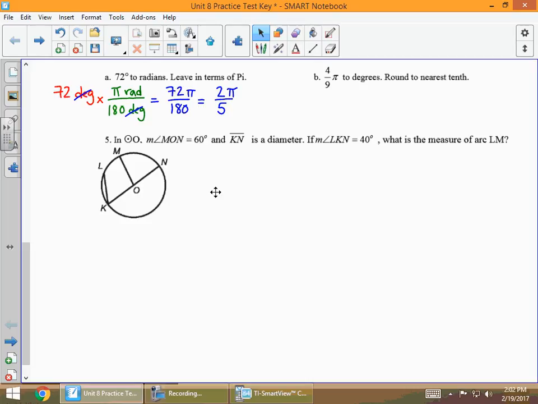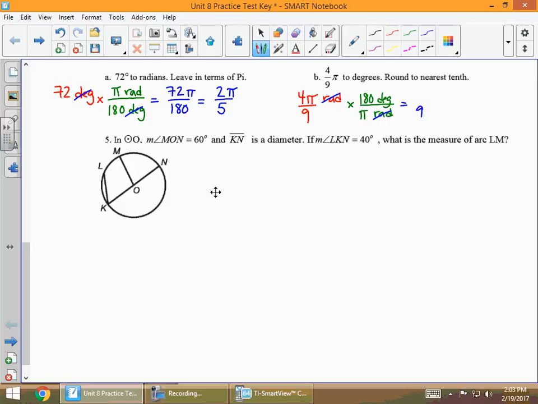Letter B wants me to convert 4 pi over 9 radians. And I'm going to multiply by 1. Now I need to get rid of radians, so I'll put my radians on bottom. So pi radians is equal to 180 degrees. And now radians cancel radians. On the bottom I have 9 pi. Oh, hang on.